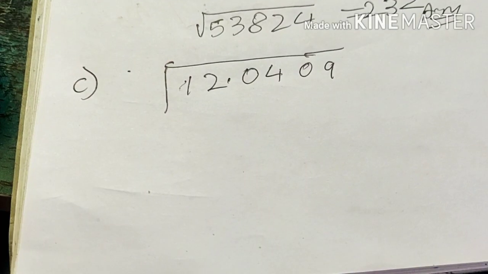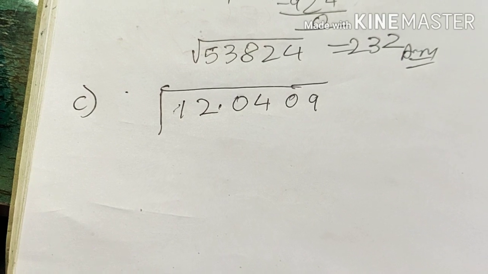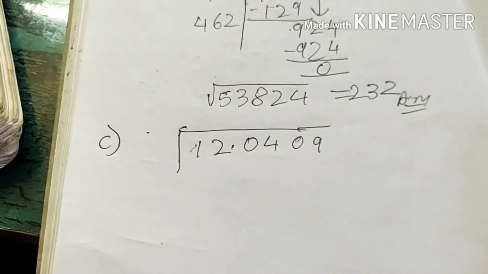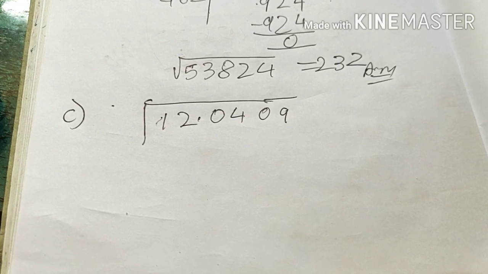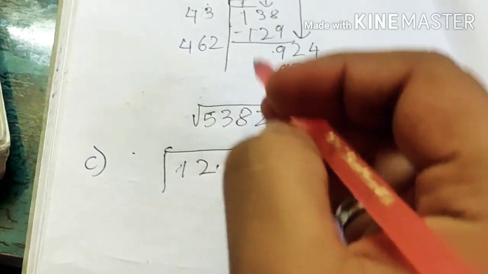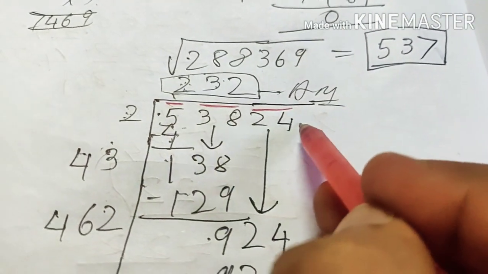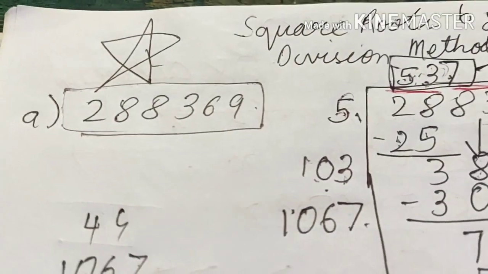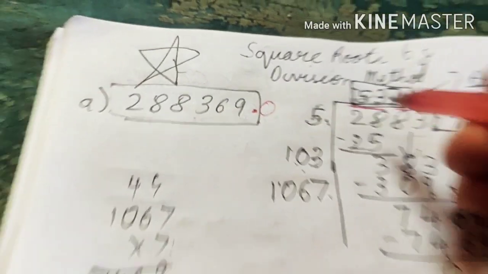Our next question is finding the roots of decimal numbers. We will again proceed with making the pairs. In the previous questions there was no decimal, so all the digits were before the decimal.